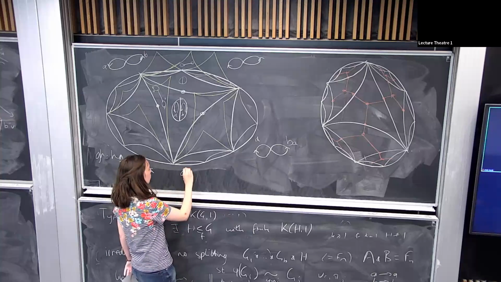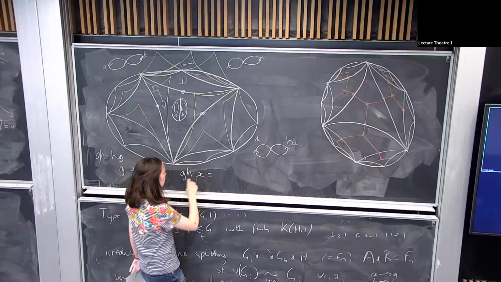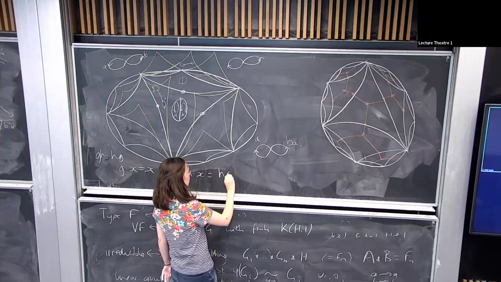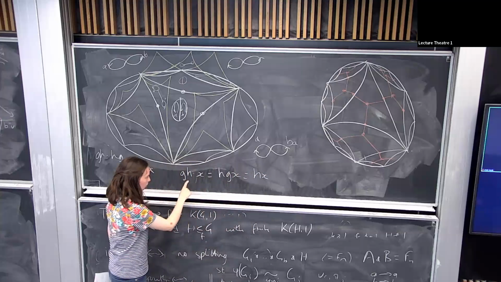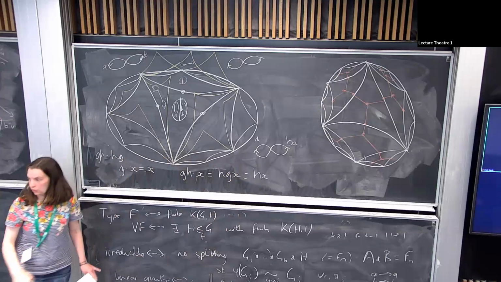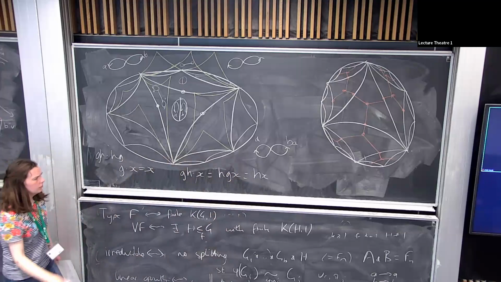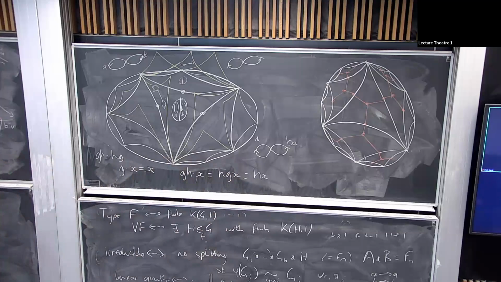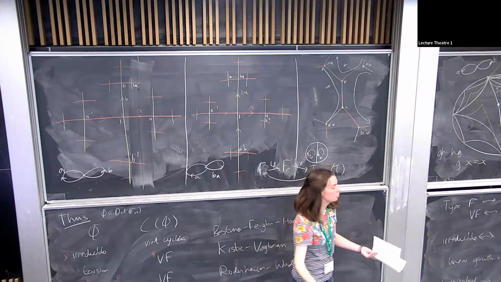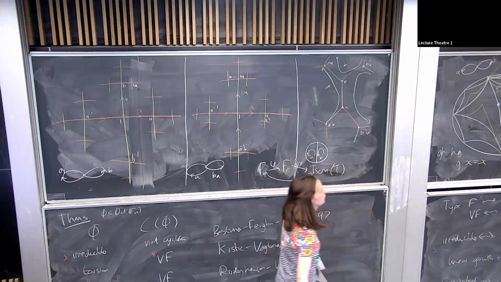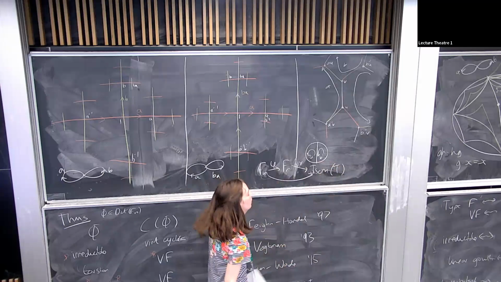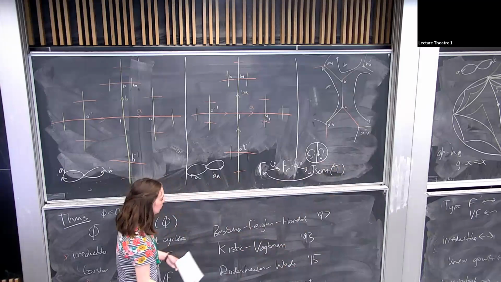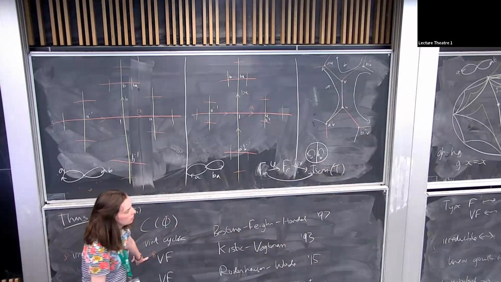You have to do it the right way around. GHx is HGx, and if that was fixed, that is Hx, which means that Hx was another fixed point for the action of G. So you can think about the centralizer acting on the set of fixed points. And the theory is you get a good enough hold of what that subcomplex looks like, and you can extract these kinds of properties.